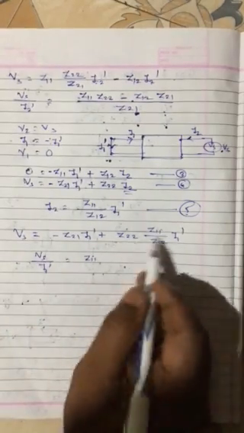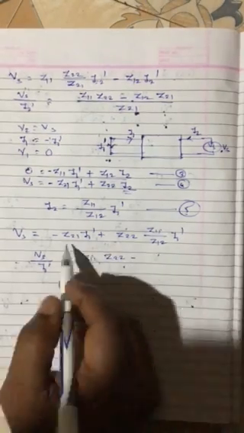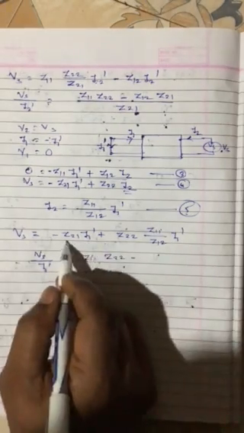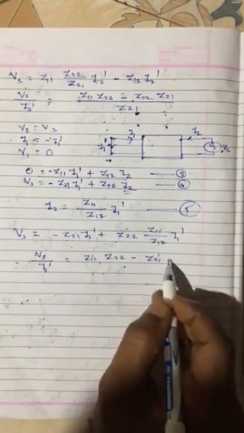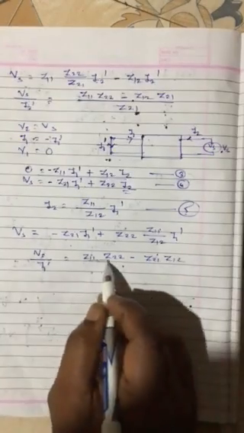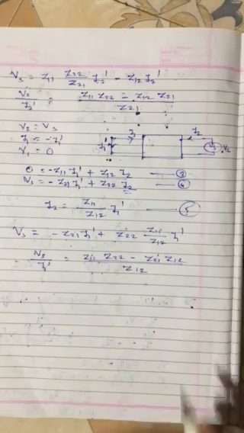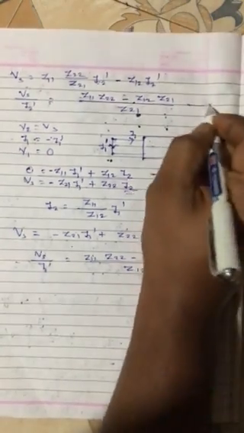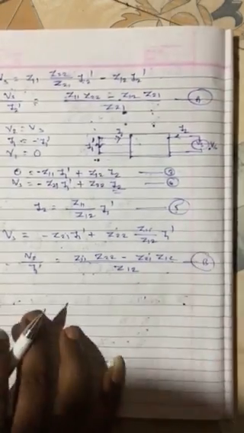I am taking this term as the first term, Z11 Z22 minus, and here I will have to multiply the denominator and numerator by Z12. So it is Z21 into Z12 divided by Z12. I got a new equation. If this is equation A, this is equation B.